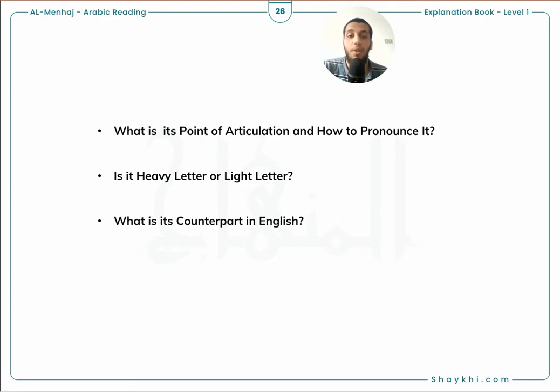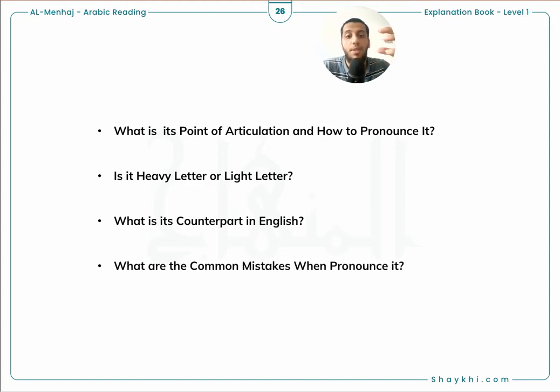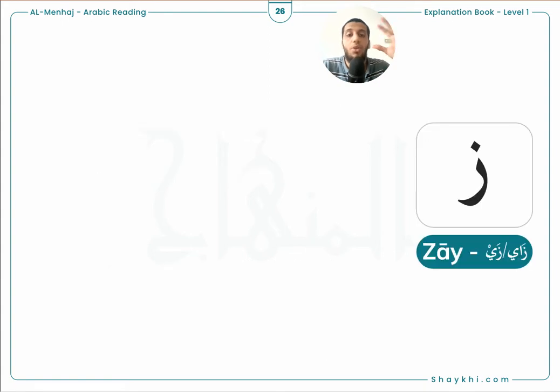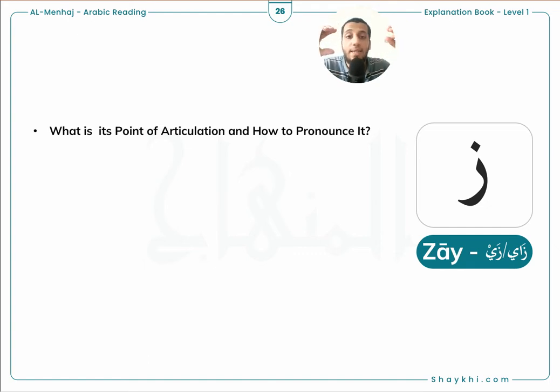The third point, the counterpart of this letter in English. And the last point, what are the common mistakes when pronouncing this letter. So let's now discuss the first point, which is what is the point of articulation of this letter and how to pronounce it.